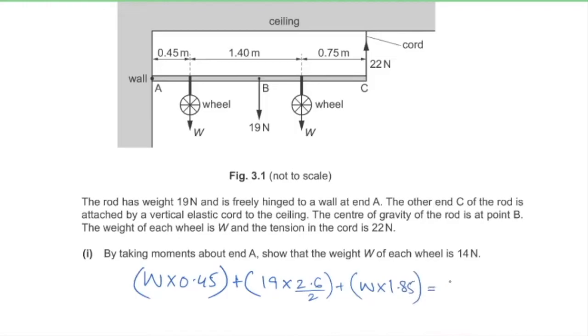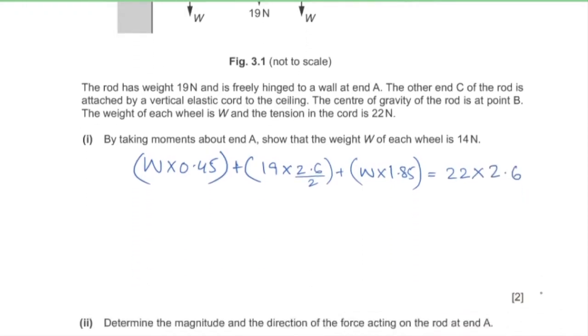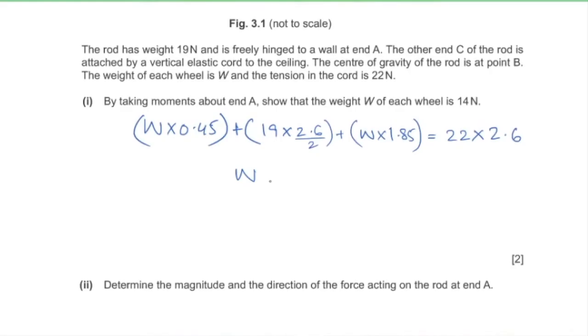This should be equal to the total anti-clockwise moment, caused by this 22 newtons of tension, and the distance from the wall to this 22 newtons is 2.6 meters. And this is how you get a value of W as 14.13, which is also equal to 14 newtons.